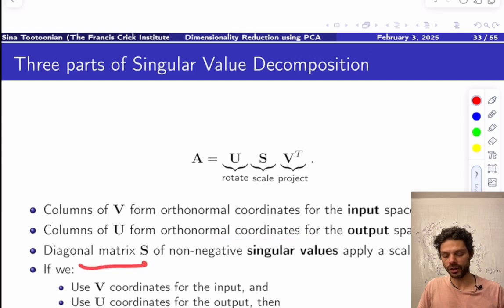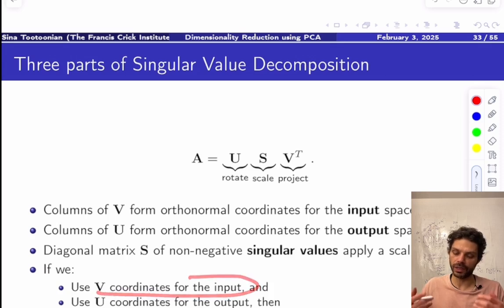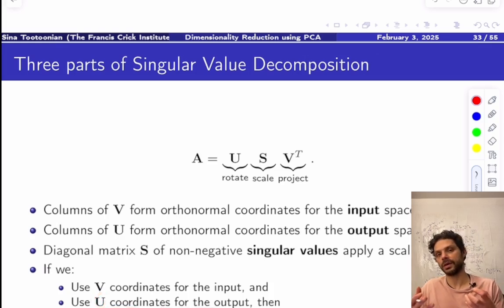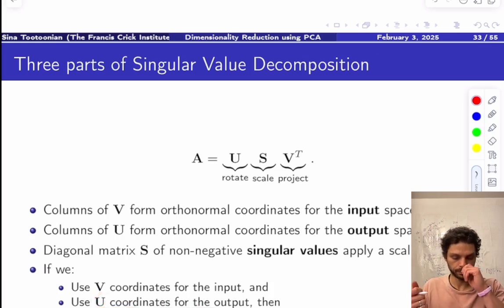And the diagonal matrix of non-negative, there'll always be non-negative singular values, applies a scaling. So one way to see this is that if we use V coordinates for the input, so if we're living in V coordinates, and we use U coordinates for the output, then A is just a scaling in those coordinates. Okay, so that's one way of thinking about that.